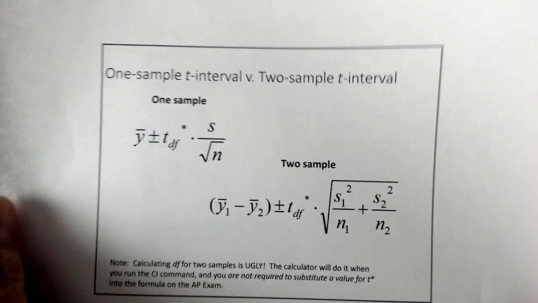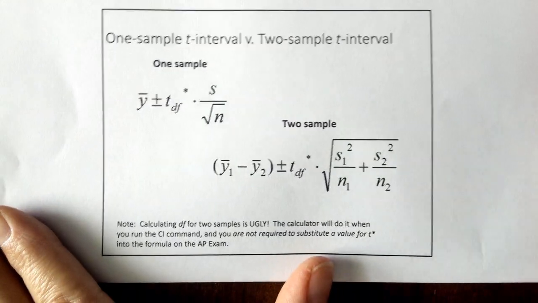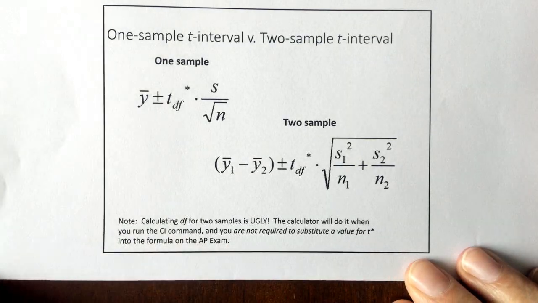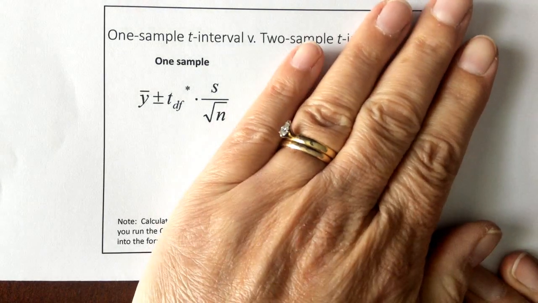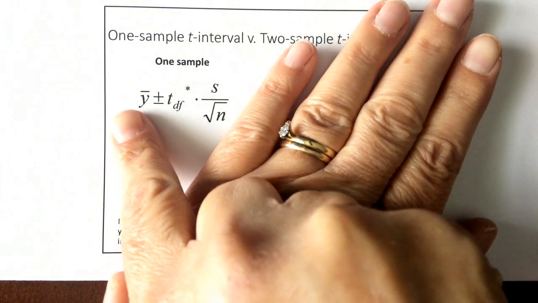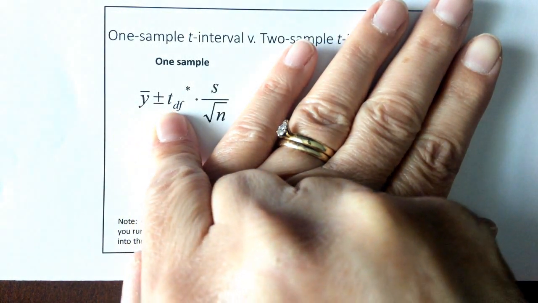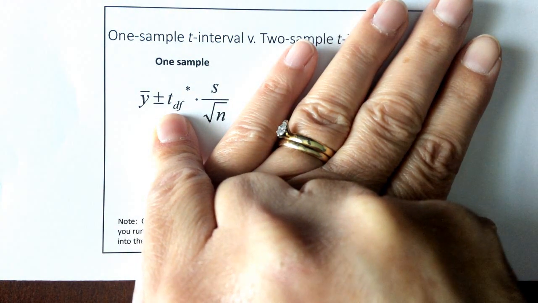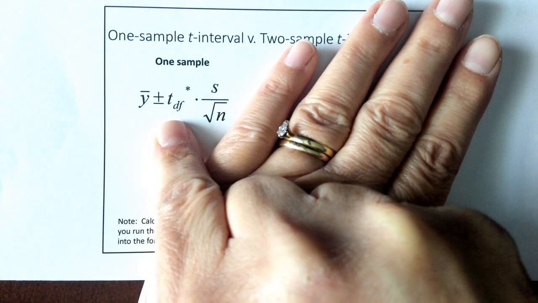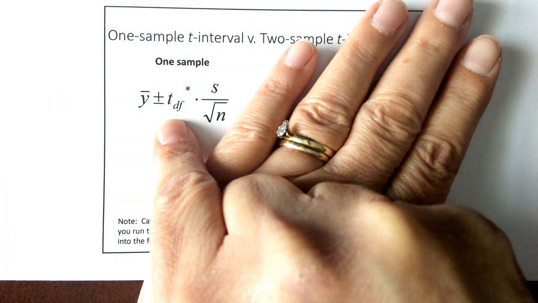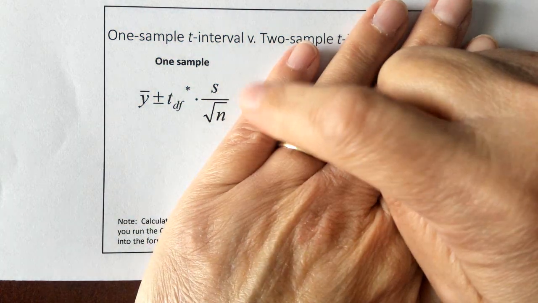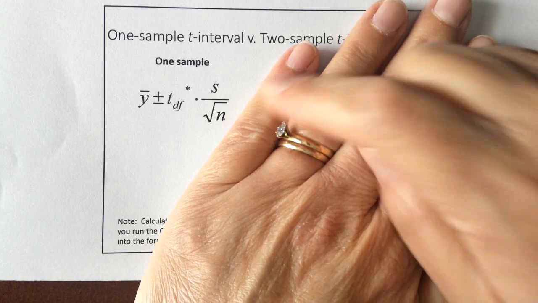So one last little page of crazy before we actually dig into a question. When we had a 1 sample t interval in chapter 22, we started with the mean of the sample, added or subtracted the critical value t star for a particular number of degrees of freedom, and those degrees of freedom were 1 less than the sample size, multiplied by that standard error formula. So this is the one that we just quizzed over.